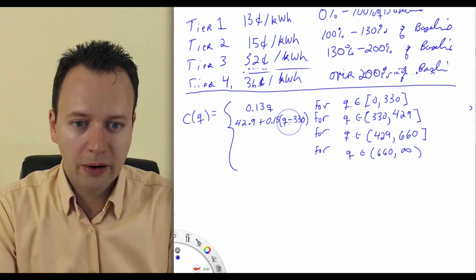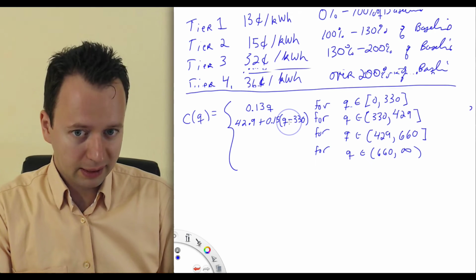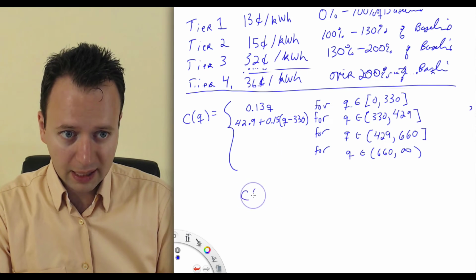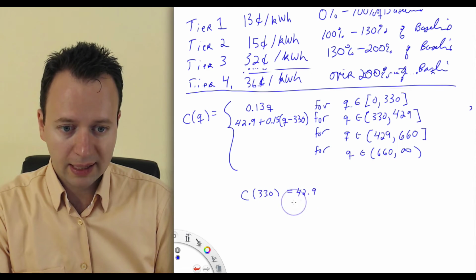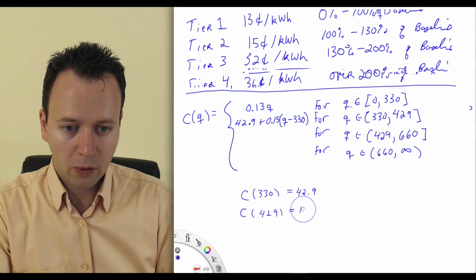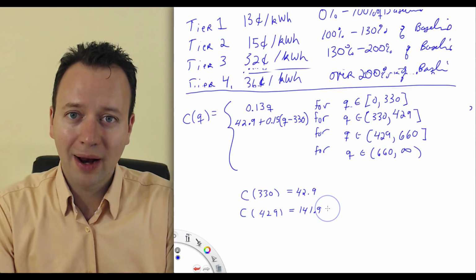And this is where you always want to do what is called a reality check. Let me write this down. C of 330 was $42.90. C of 429, I got 141.90. A reality check is asking, does your answer make sense?